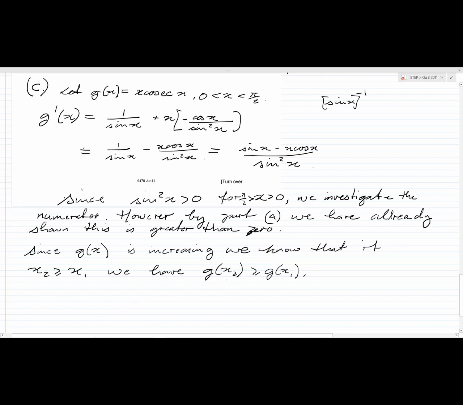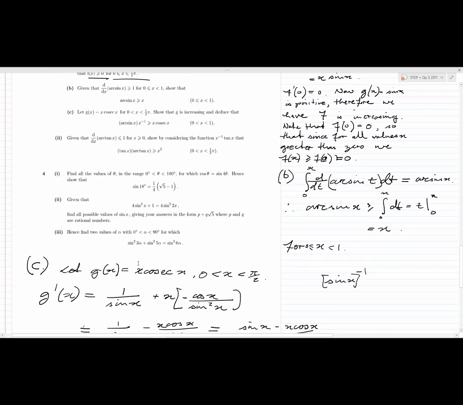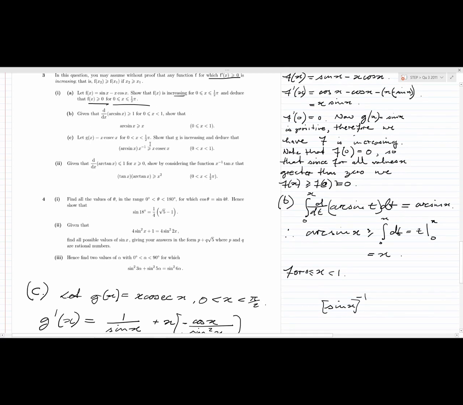The question we should ask ourselves is, can we find an x2 and an x1? We know that g of x is x cosec x. If we let x1 be just x, then we've got our function, which is exactly the right-hand side here. Now we need to find our x2.